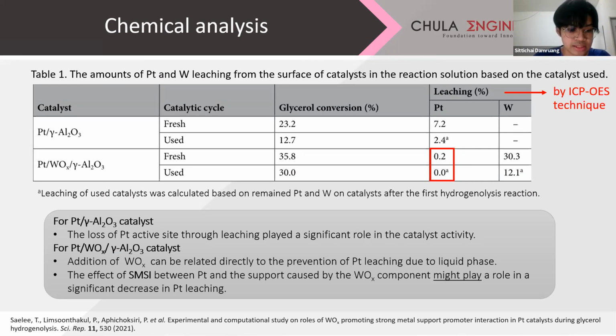For platinum tungsten oxide on gamma alumina catalyst, the addition of tungsten oxide can be related directly to the prevention of platinum leaching in the liquid phase, and the strong metal-support interaction between platinum and the support caused by the tungsten components might play a role in a significant decrease in platinum leaching.